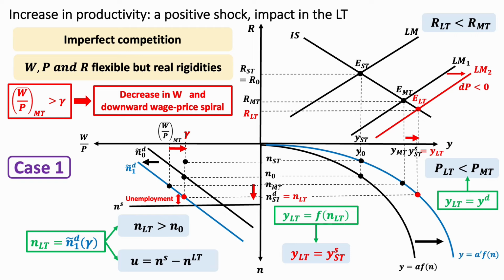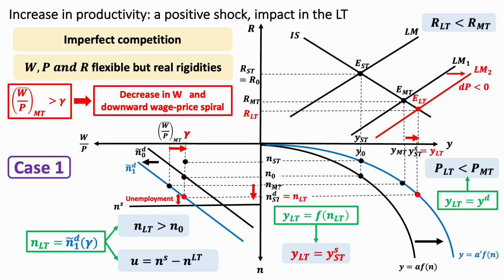This shows a fundamental difference in our model between demand shocks and supply shocks. With demand shocks, the economy returns to its original level of output and employment, while with a supply shock, the variables N and Y are permanently modified.